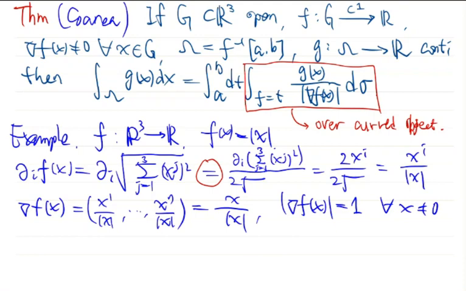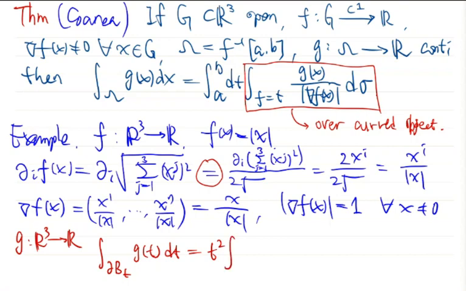Now, we also have a result in our quiz. In our quiz, we know that for a function g, the integral of g over a sphere which has radius t equals t squared times the integral over the unit sphere, with dσ the surface integral.